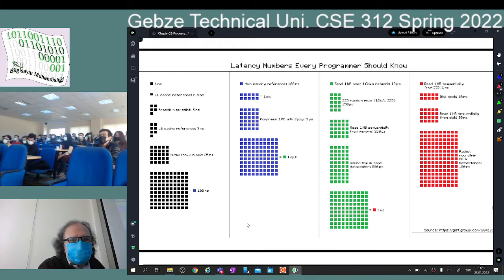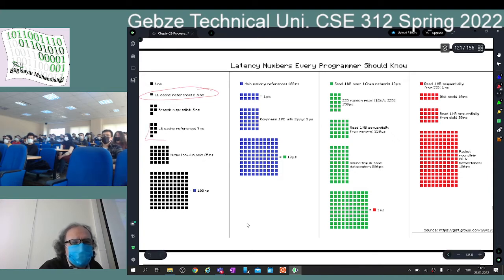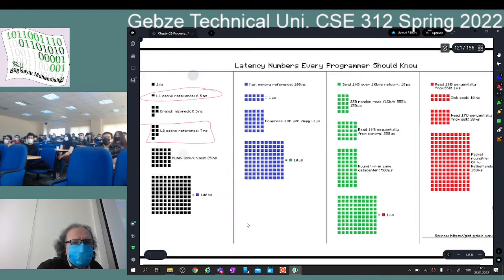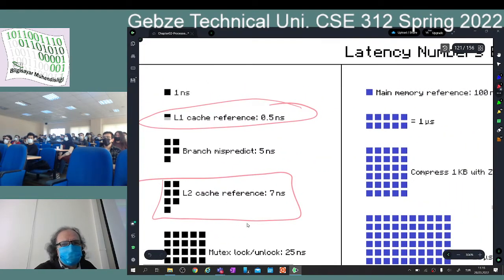Remember, L1 cache reference: when you read a value from L1 cache, it takes 0.5 nanoseconds, a very, very small amount of time. L2 is going to take 14 times more, 7 nanoseconds. So that's a lot of expensive stuff, and we are not talking about the memory, right? We are talking about the cache.